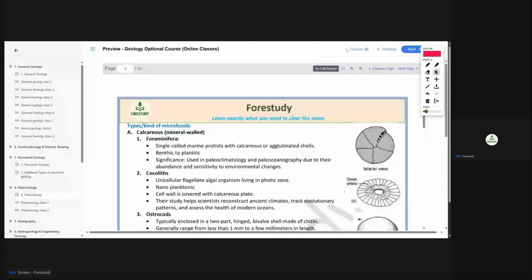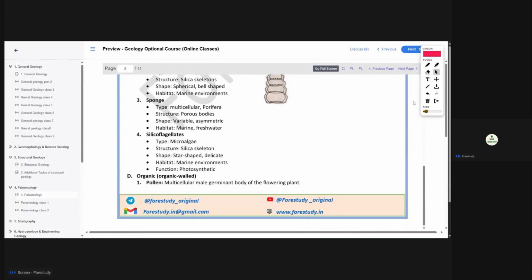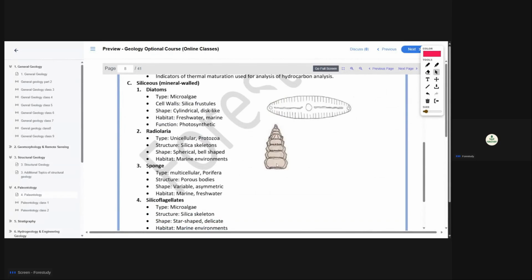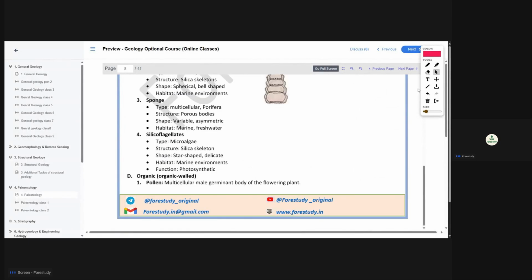So what is symmetry? I think you know this, but still I'll show. For example, this is actually symmetric. Us humans are bilaterally symmetric. A butterfly also has bilateral symmetry. That means the left side is equal to the right side.